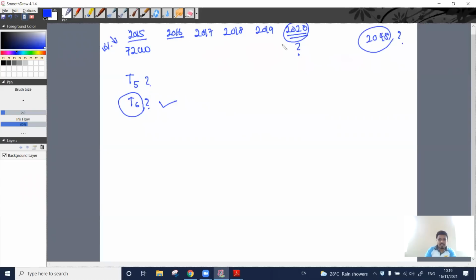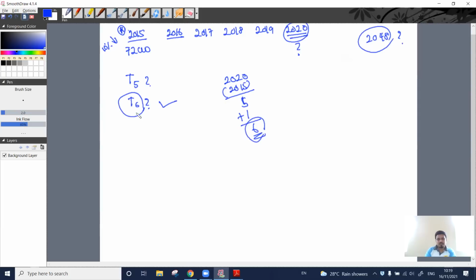So how can we get it easily, especially when it is related with years? Here 2020 minus 2015, what is the value? That is 5. Always you need to add 1. 2020 minus 2015 plus 1, 5 plus 1, that is 6.